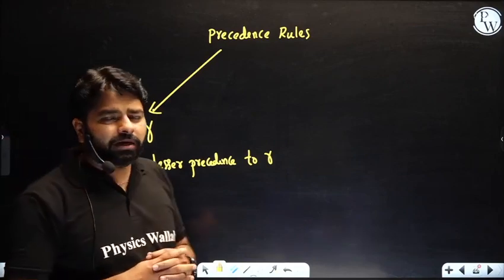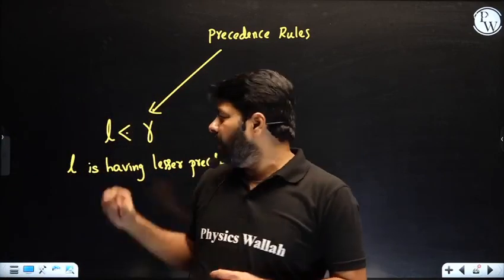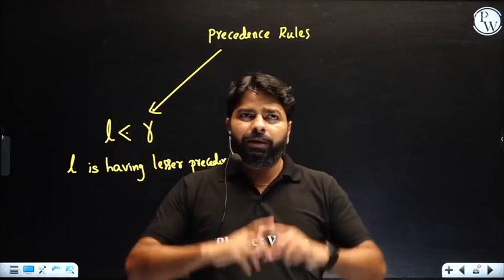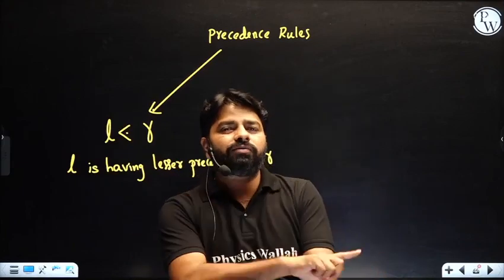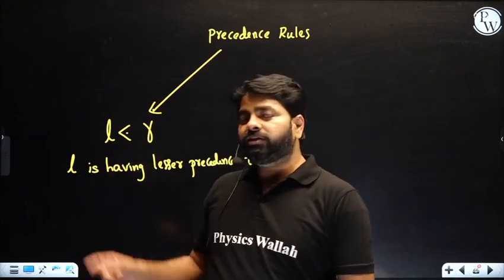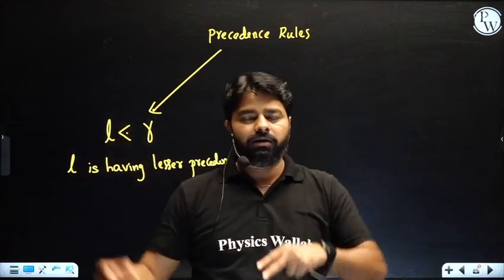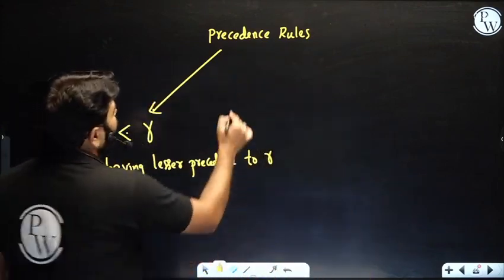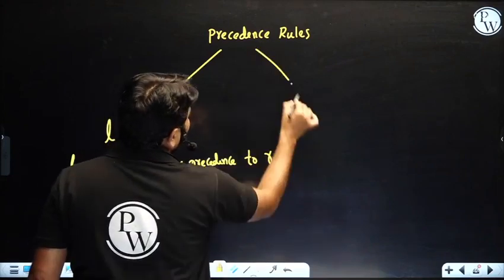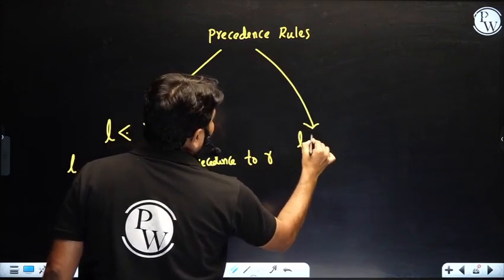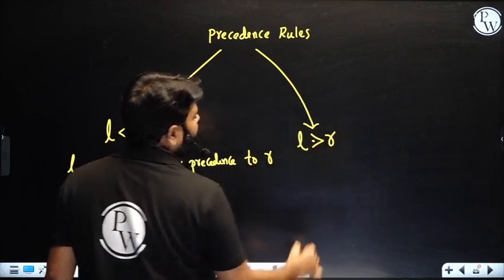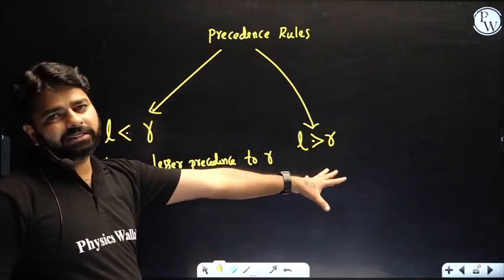In English you may say R has the highest and L the lowest, but by looking at the grammar you should know who comes first and who comes next. L comes first in the expression and R comes next to L. And next, similarly you can understand, L greater than R means L has more precedence than R.